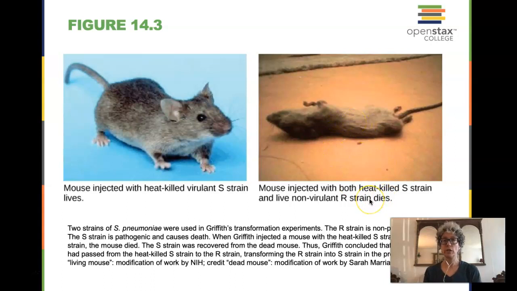So Griffith's conclusion was that there was some chemical, some aspect of those smooth bacteria that had to be chemical because the bacteria were not alive. Some chemical inside those smooth bacteria transformed the rough bacteria into smooth bacteria that killed the mouse.